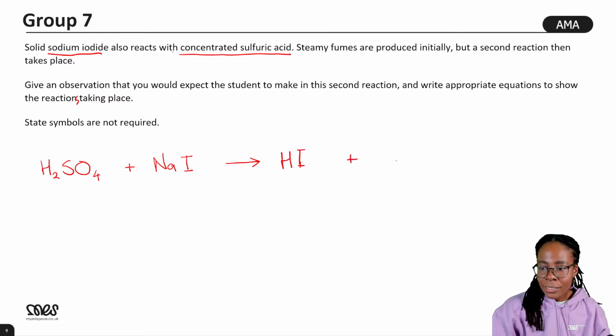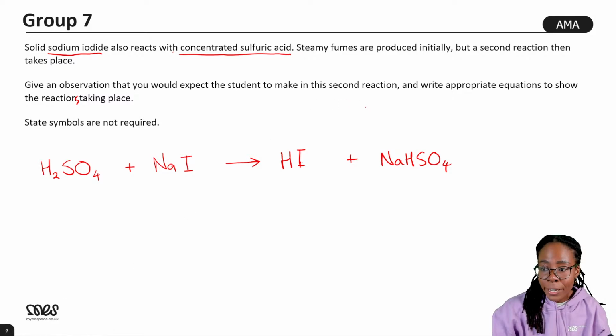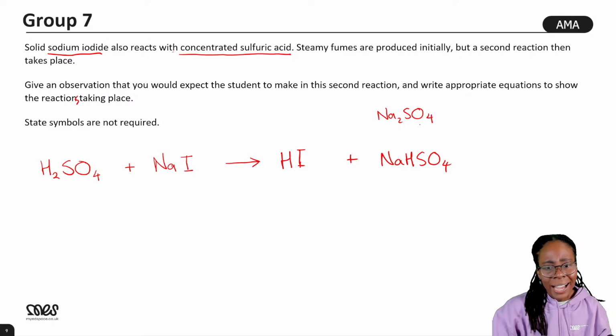HI and NaHSO4. Or it could also be sodium sulfate, Na2SO4, but then the balancing gets a little bit more involved. If you write the equation like this, then you don't need to do any fancy balancing. You can just leave it exactly as it is.